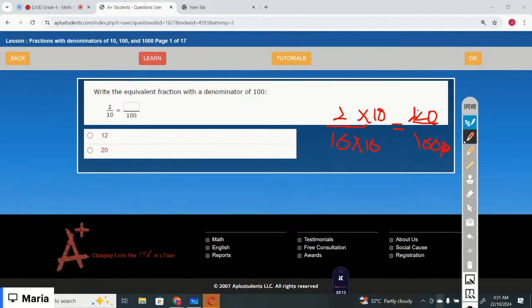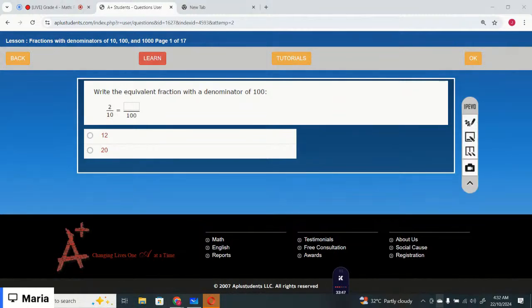So numerator is 20. So the correct option is 20.